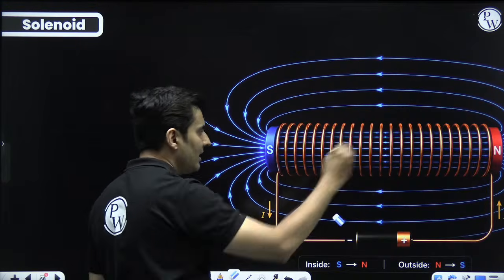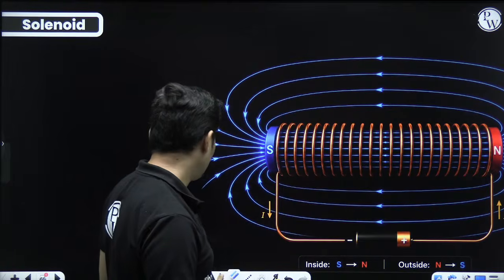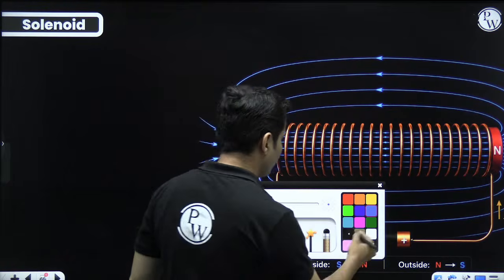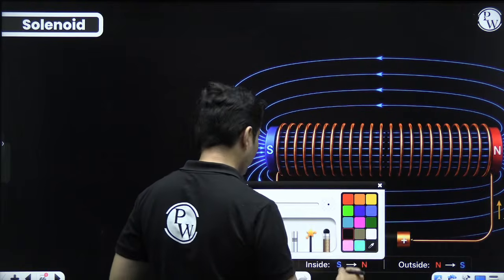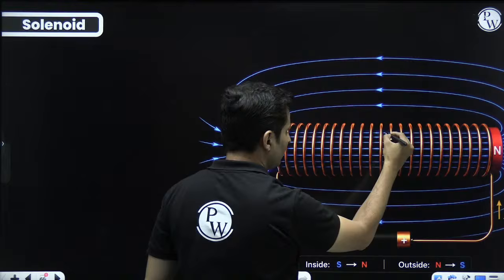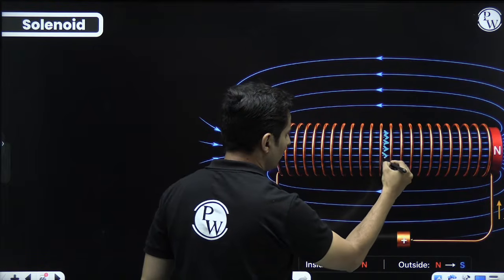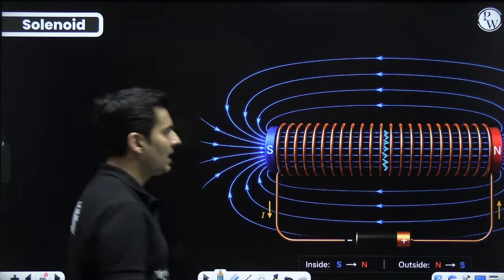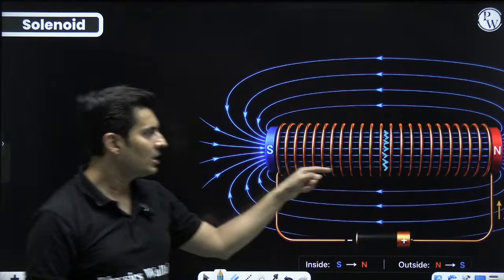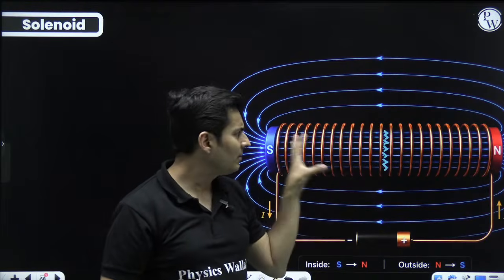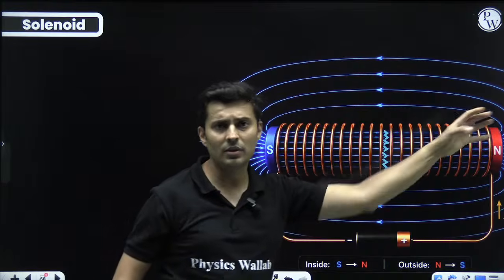But inside the solenoid, it will travel from south to north. That's how they travel, man. So outside, it's like a bar magnet, with north and south poles. It comes out from north, goes inside and continues inside.